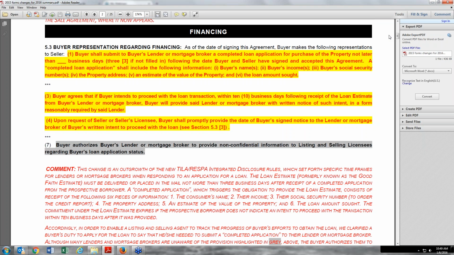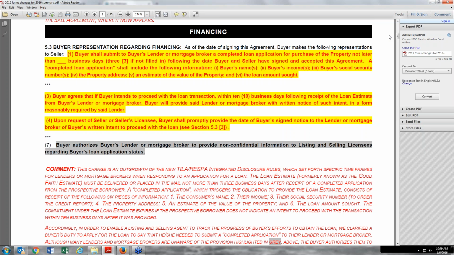But if it's a completed loan application, then that triggers the duty to deliver the loan estimate, and then if the buyer agrees with the terms of that loan estimate, they are required within 10 business days to notify the mortgage banker, mortgage broker of their intent to proceed. And that's what Section 3 deals with.